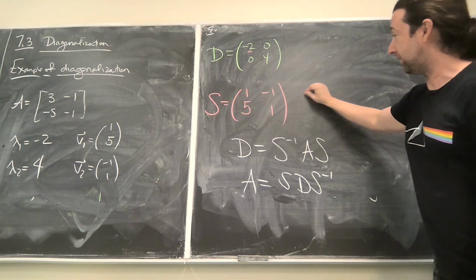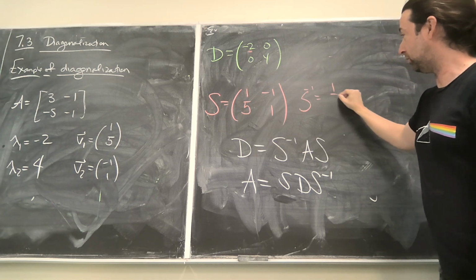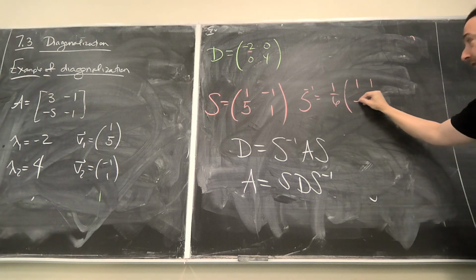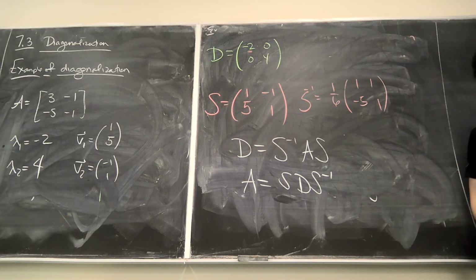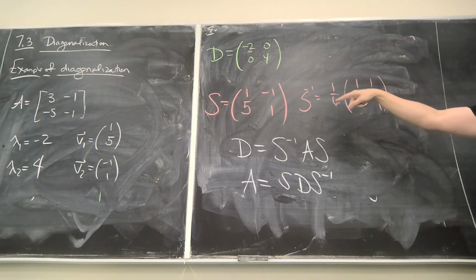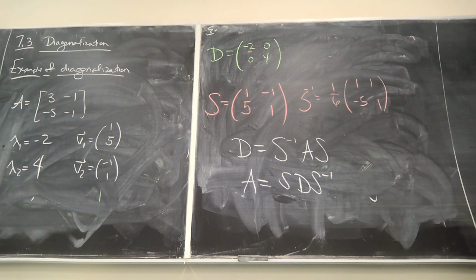So if you wanted to, you could write S inverse is equal to 1 over the determinant times switching the A and D elements and then negating the off diagonal elements. This is the inverse of A, B, C, D is D, minus B, minus C, A divided by the determinant.